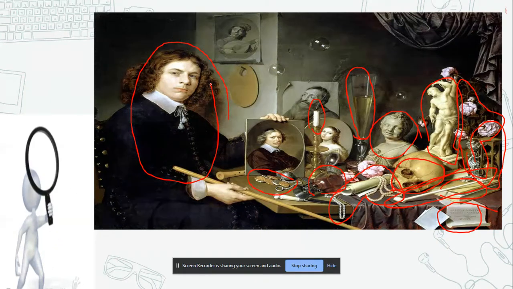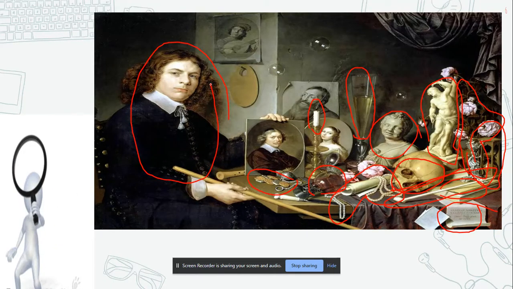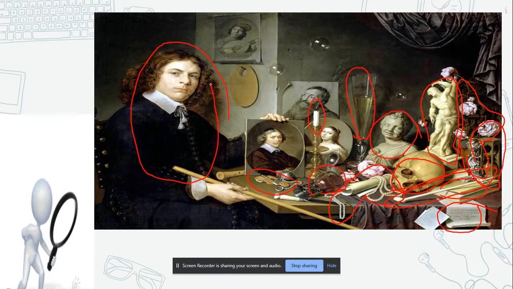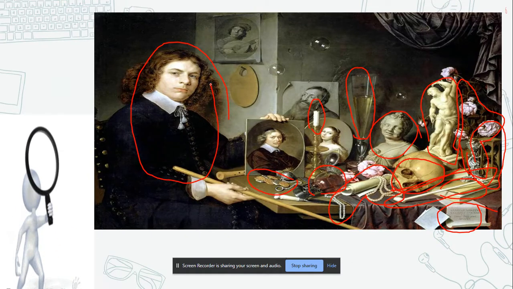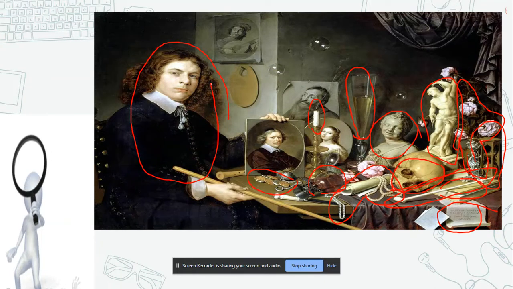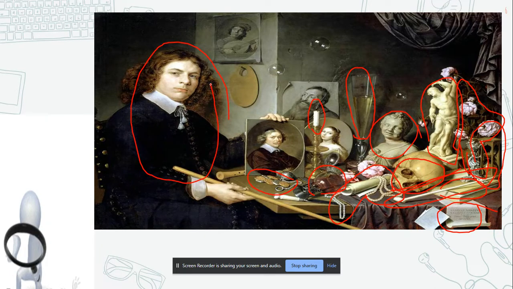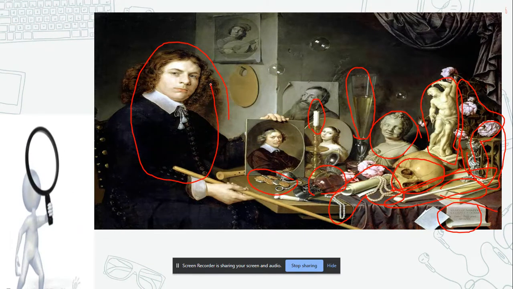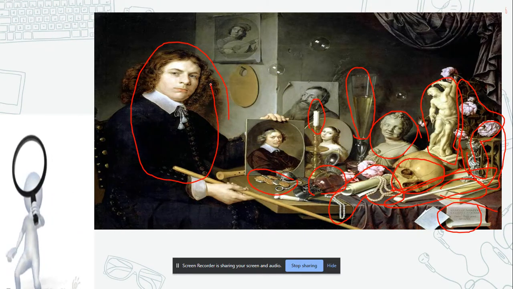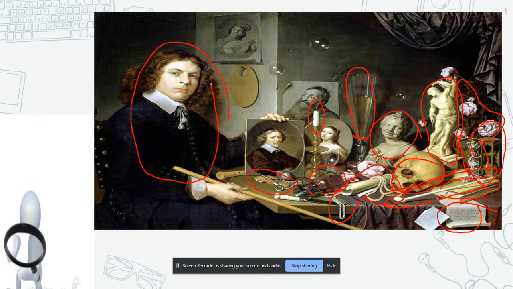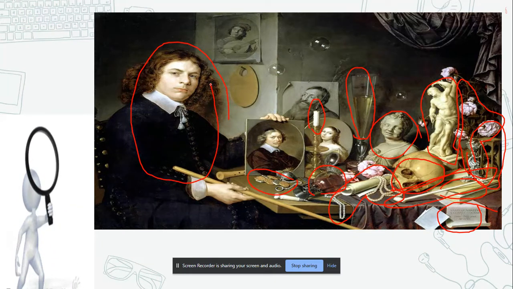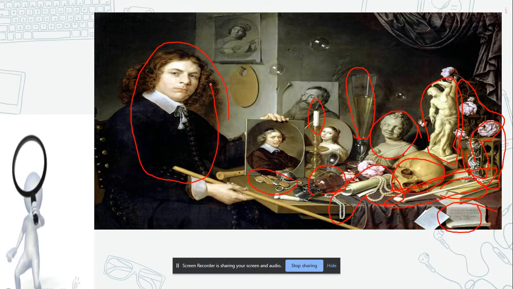But this could only be a symbolism toward something. Like you could see a skull. Skull means death, and we have an hourglass to tell us about time, and we have a candle and many more that could tell about death, mortality.